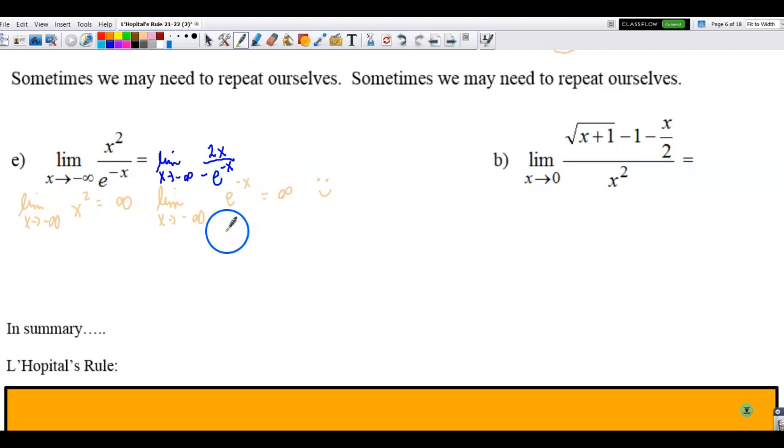And now I'm going to, quote, substitute negative infinity again. So the limit as x goes to negative infinity of 2x, so 2 times negative infinity goes to negative infinity. The limit as x goes to negative infinity of negative e to the negative x.